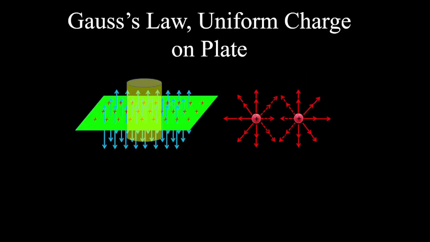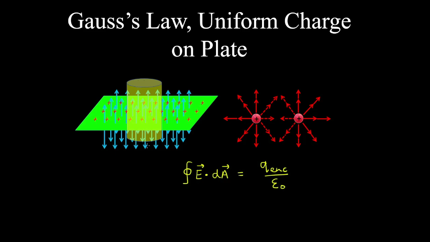Let's use Gauss's law to determine the electric field due to a charge distribution on a thin plate. So remember that the flux through our Gaussian surface is the integral of the dot product between the electric field and a differential area vector, which was equal to the charge enclosed by our chosen surface over the permittivity of free space.